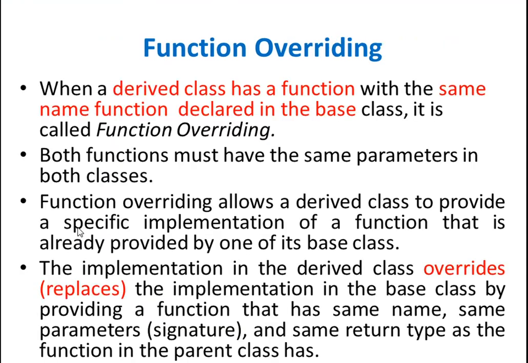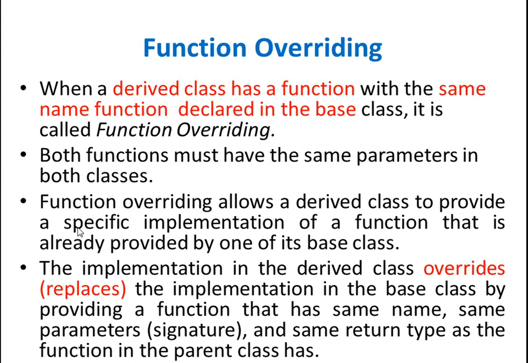Now we are going to see function overriding. When the derived class has a function with the same name as a function declared in the base class, it is called function overriding. As we learned in the first slide, function overriding requires inheritance. Inheritance means there is a base class and a derived class.